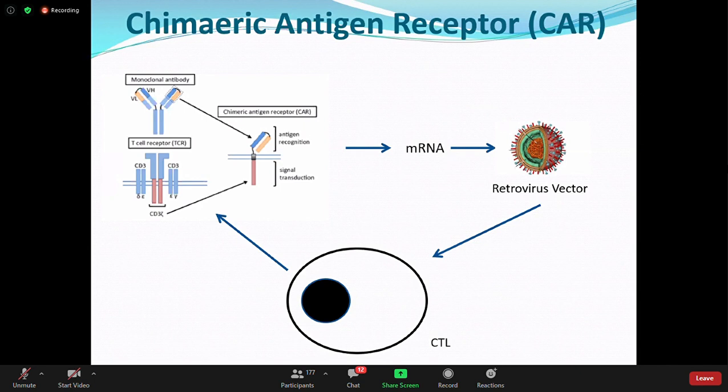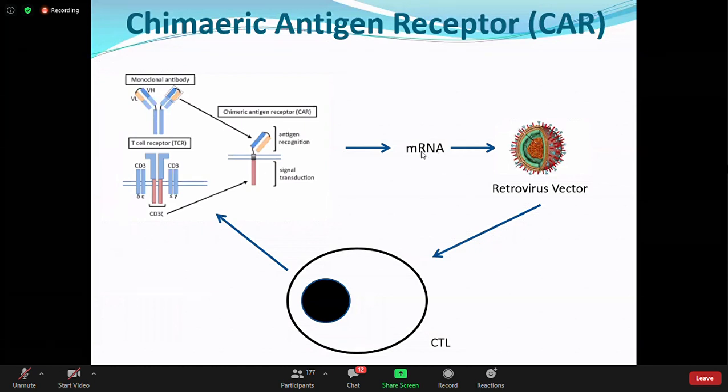It's not as simple as that because I don't know if you're following the news lately about these two COVID-19 vaccines. The way you do this is to introduce, once you've got the gene sequence coding and made this hybrid gene containing the antibody recognition and the T cell receptor signaling, you create the messenger RNA which codes for this protein.